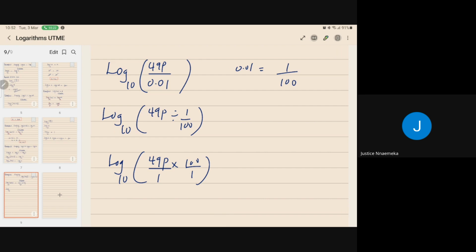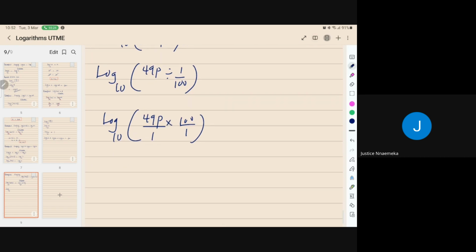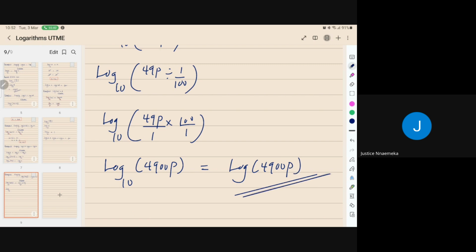So we have log 10, then 49 times 100 will give us 4900p. So this is equal to log 4900p. There's nothing else we can do right here, and that's the simplification for that problem.